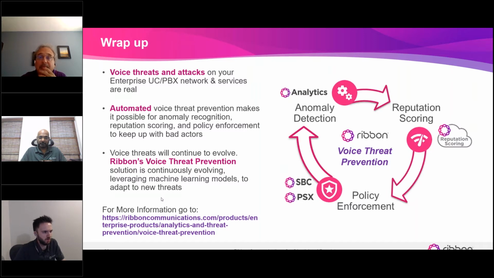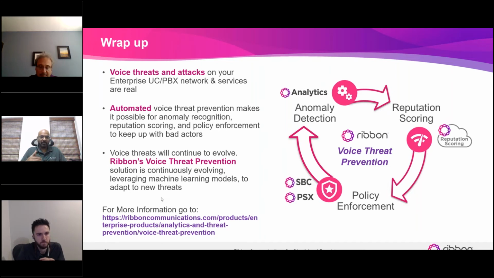Great. Another question we have is, well, I already have Ribbon Analytics, so what needs to be added for my solution to become Ribbon Voice Threat Prevention? No, good question again. So analytics is the key piece that holds this whole solution together, because that's the place where we detect anomalies. So that's a key piece in the solution.